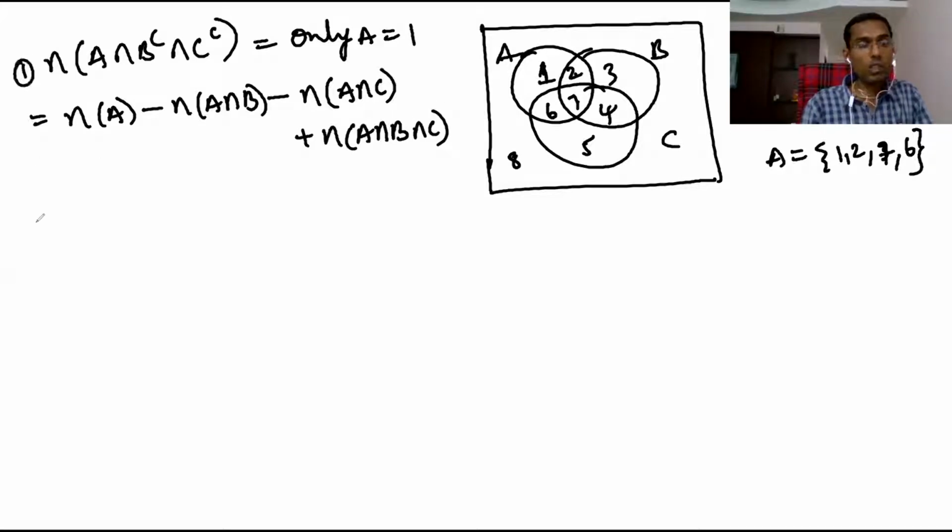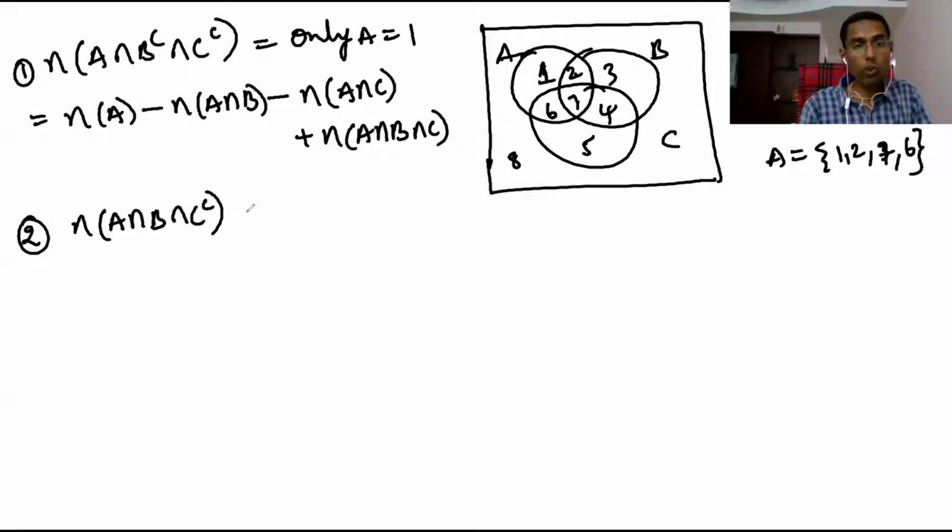Okay, this is first. Second, the number of elements in A intersection B and not C. How do you find this? Not C means only part 2.